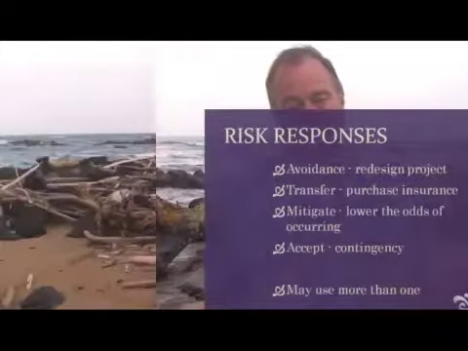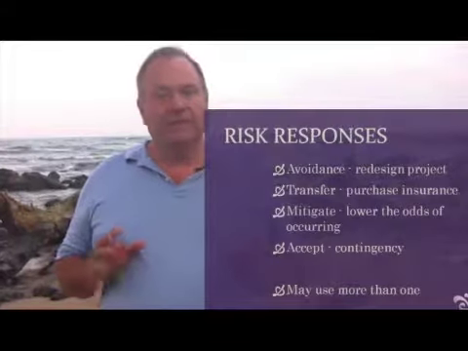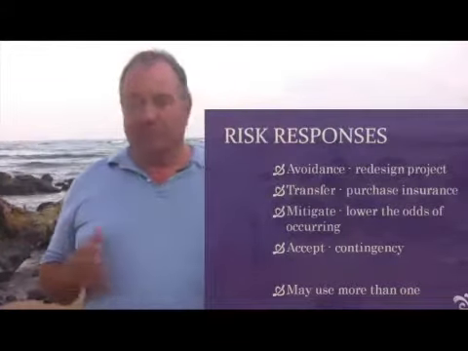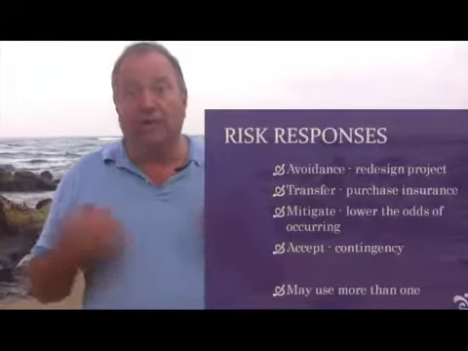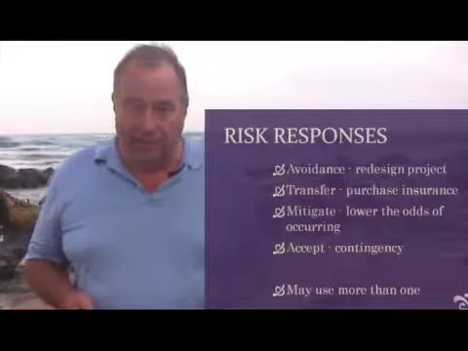Our second risk response strategy is to insure against the risk. And what I mean by that is that we buy insurance to cover ourselves so the risk doesn't affect the project. Let me give you an example.